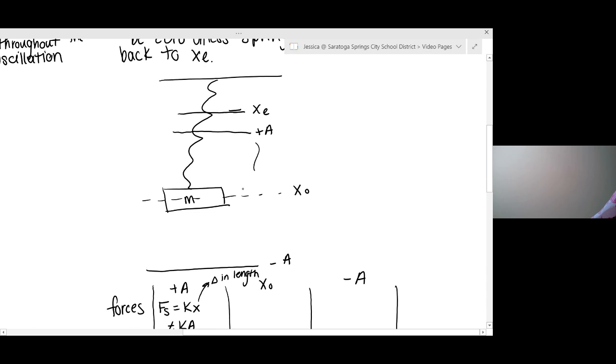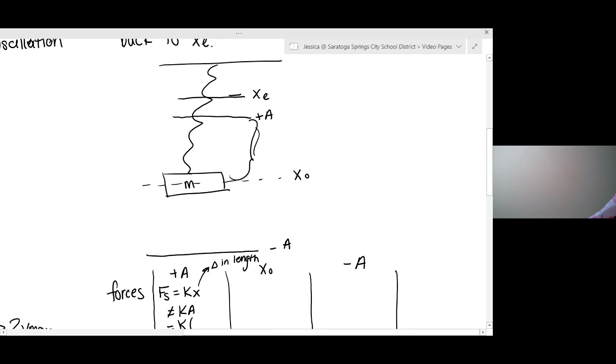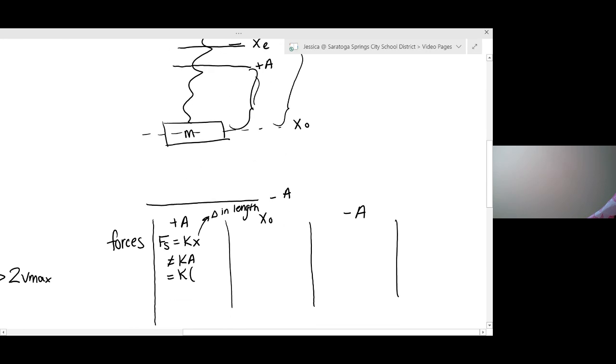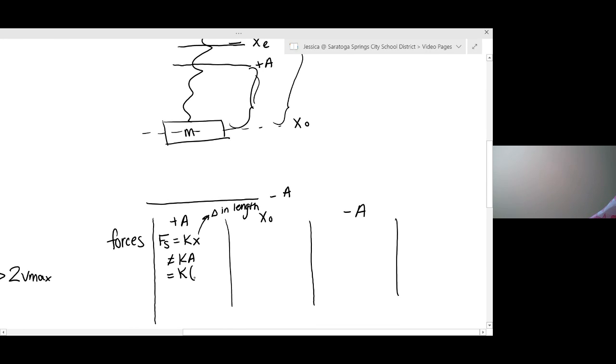Let's say A is this distance here, and x0 is this distance here. So our change in length is actually going to be x0 minus A. That part's really not important. Just know that it's not going to be Ka. It's really going to be the change in length of the spring from the equilibrium.